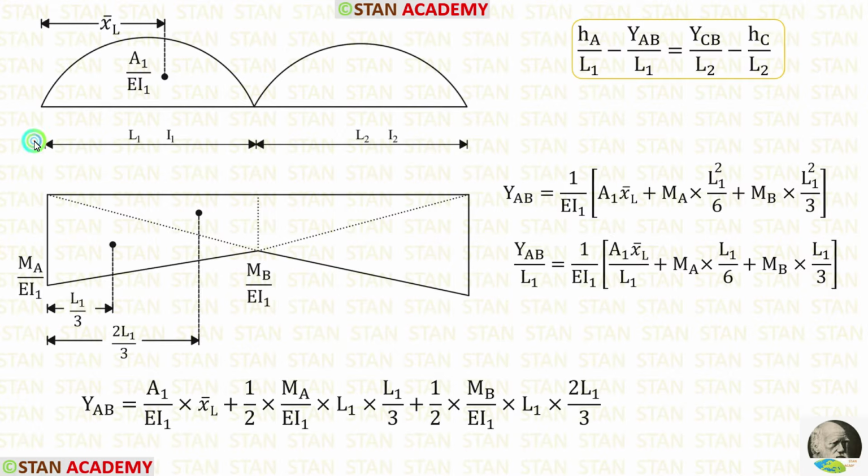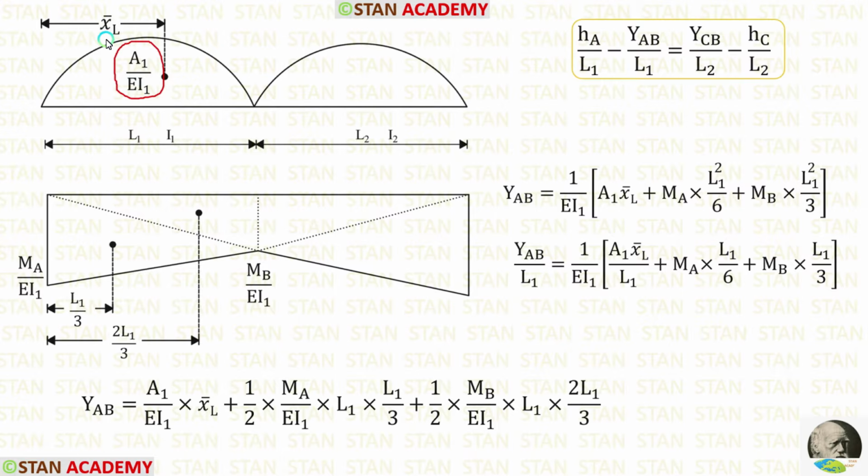Now, let us find the deflection in the span AB, that is YAB. For that, we have to multiply the area with the centroid. The centroid distance should be taken on the left side. You can see that all the centroids are taken on the left side. Here the area is A1 upon EI1.